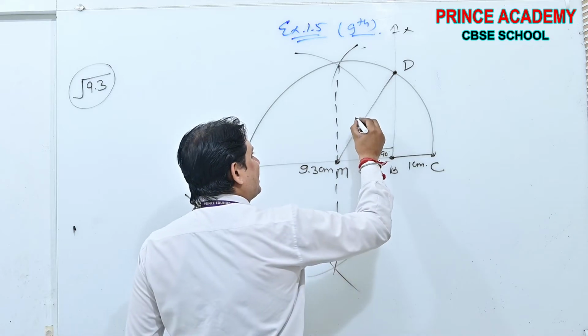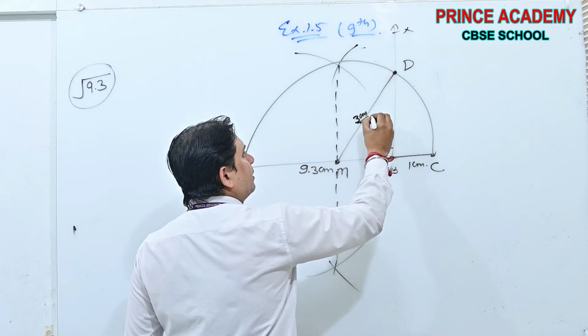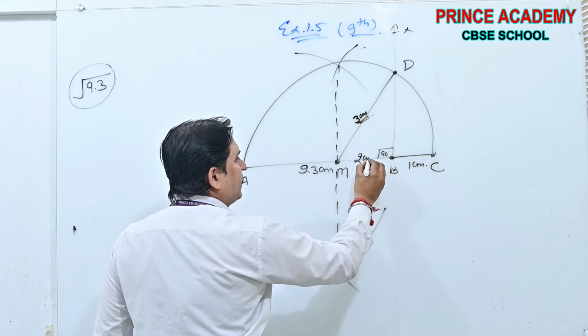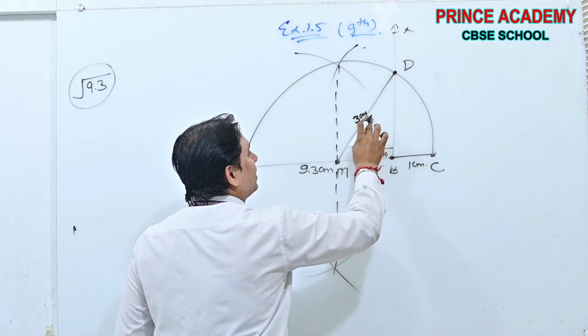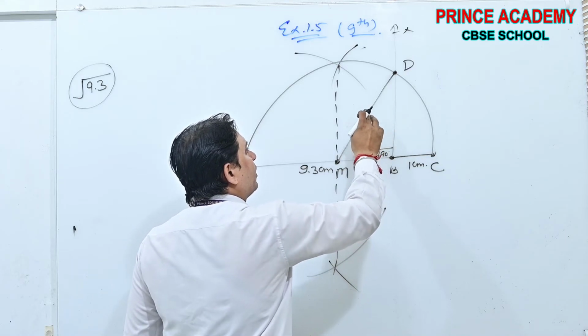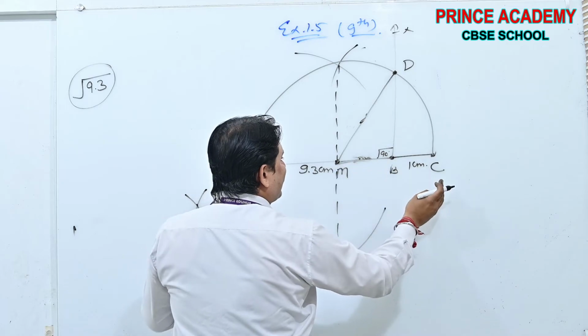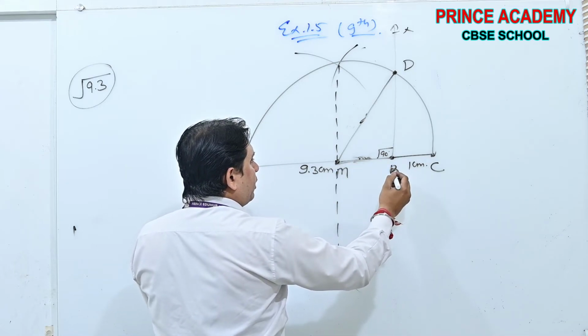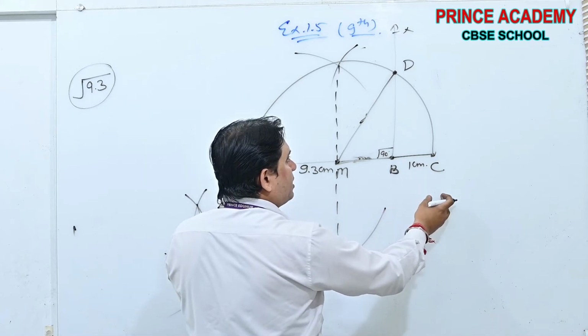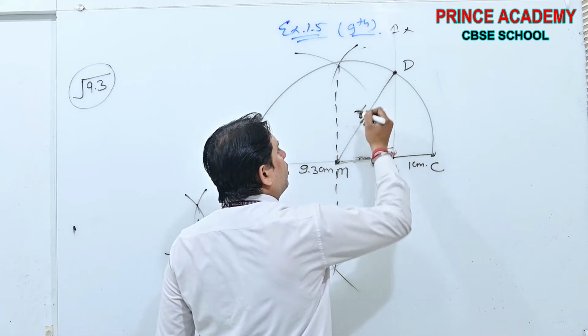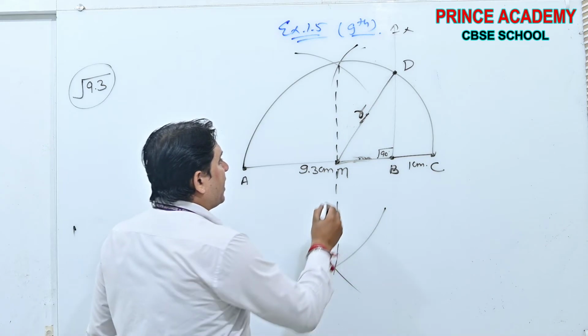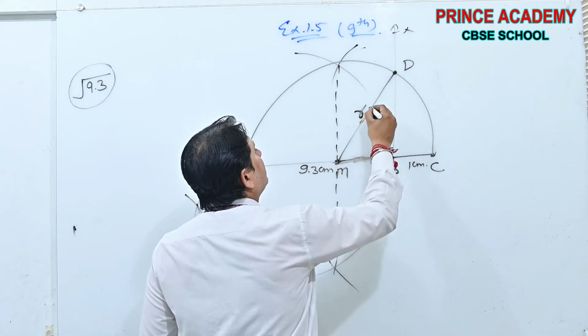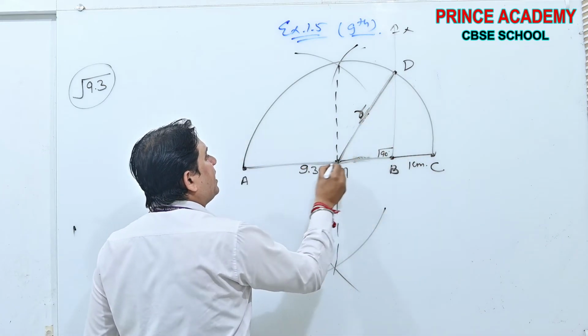Now this is 3 centimeters. This is 2 centimeters. Oh, sorry, that was not it. Don't worry. It was 10.3. See beta, it was 9.3 plus 1. This is the radius, yes or no? And here is something, and here is something equal to the radius.